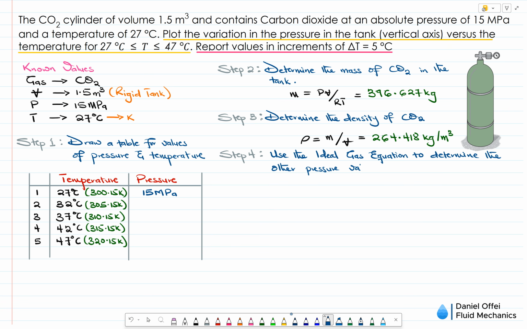Once we've been able to do that, we are going to use the ideal gas equation to determine the other pressures at different temperature values. So at 305.15 Kelvin, at 310.15 Kelvin, and the rest of the temperature values, we just put them in the equation and then determine the pressures at those temperatures.